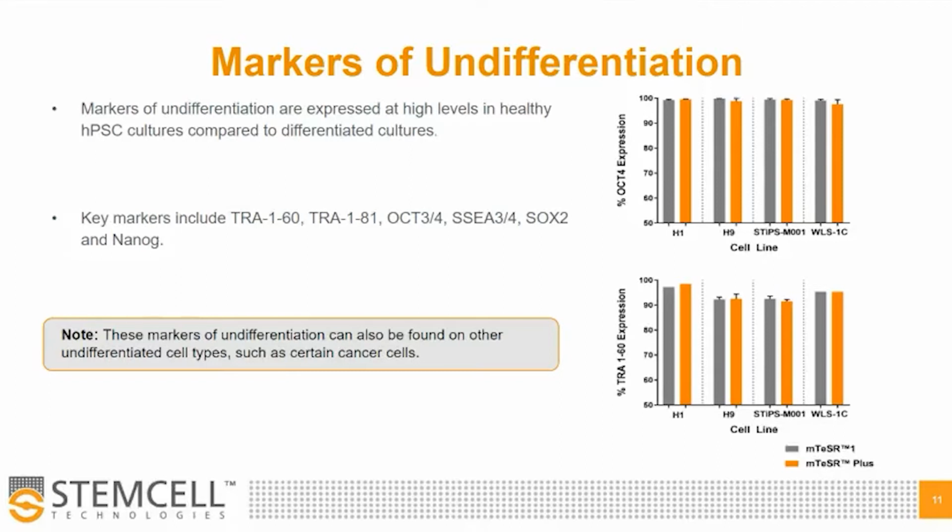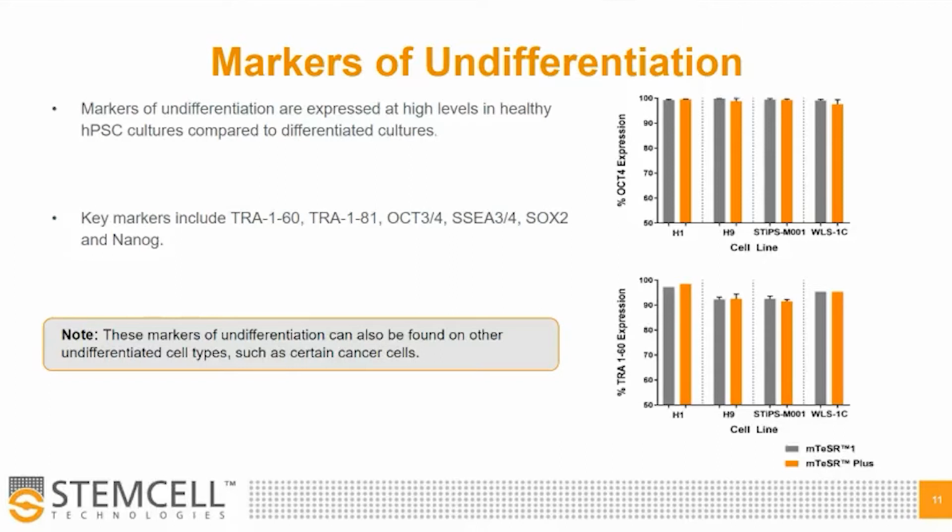Please note, we call these markers of undifferentiation rather than pluripotency markers, as some of these markers are also expressed on other undifferentiated cells, such as cancer cells. This is why it is important to look not only at marker expression, but also other characteristics of hPSCs when assessing cell quality.